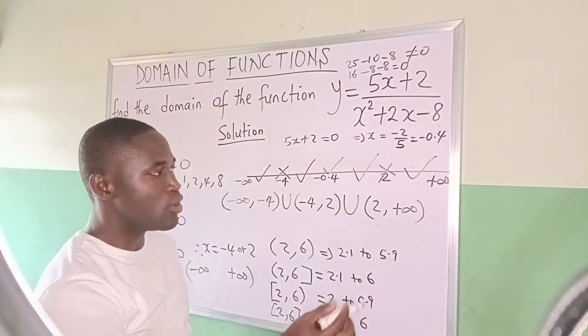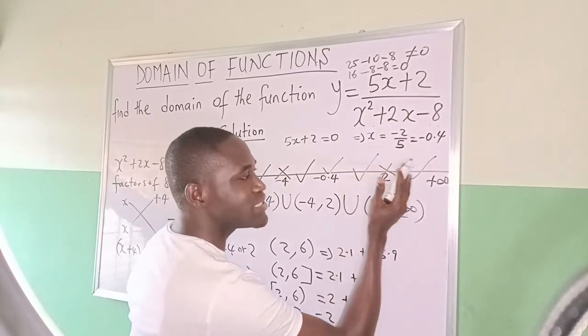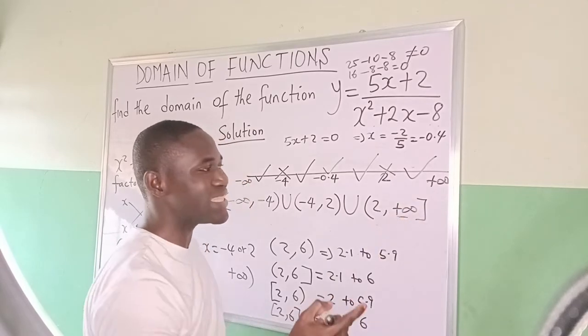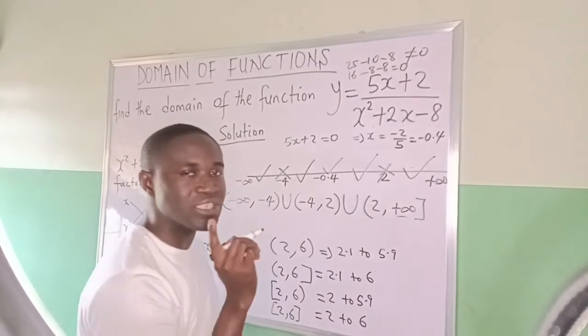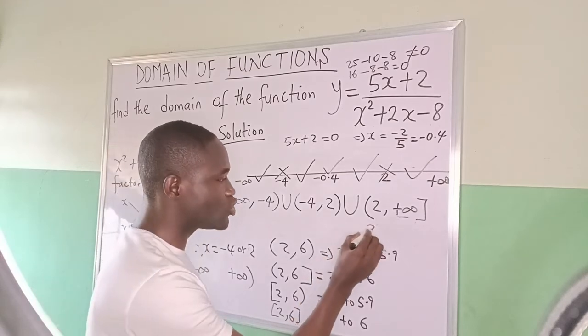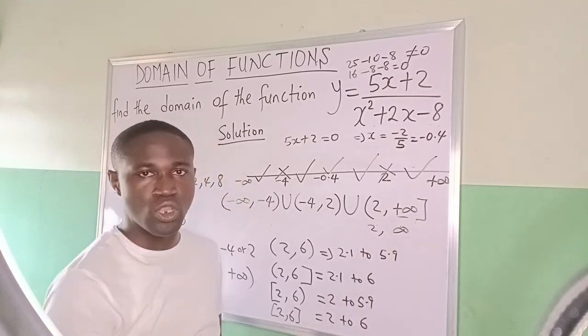That is what we mean. We say this positive infinity is not a number, but represents sets of numbers. If I put a closed bracket, it means that I am saying positive infinity is a number. What is the value of positive infinity? We don't know.